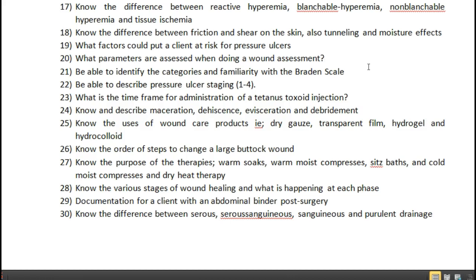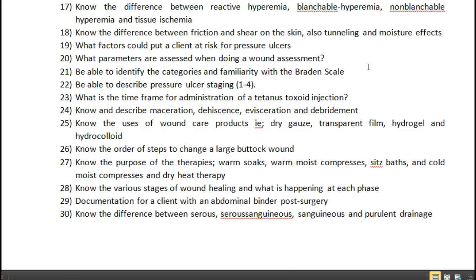It may be over an elbow or knee, some type of bony prominence. Stage 2 is partial thickness, where they lose the dermis. It might be a red, pinkish wound bed, and it doesn't have slough or necrosis.